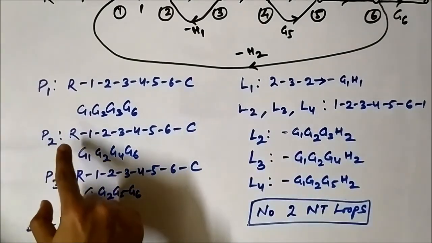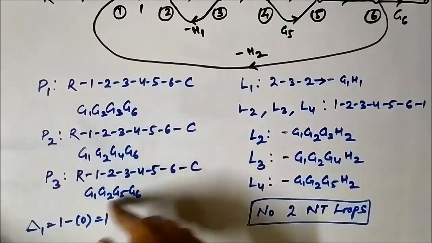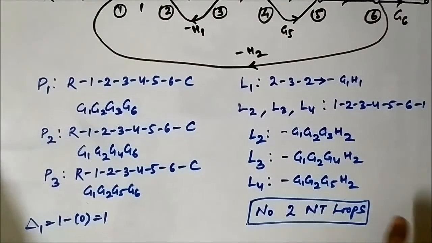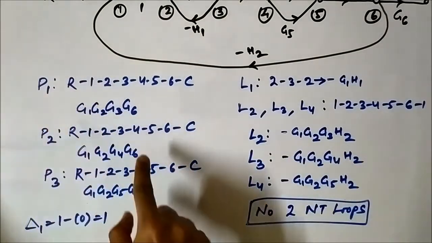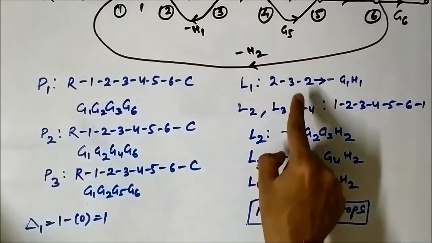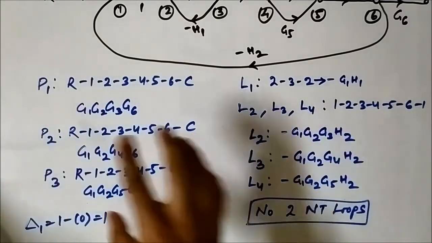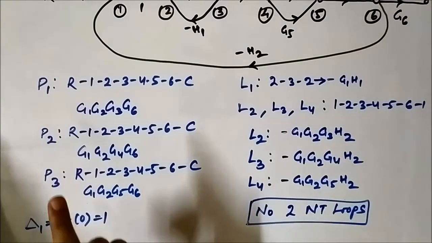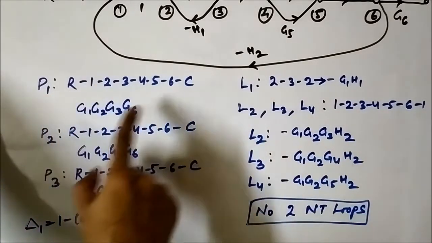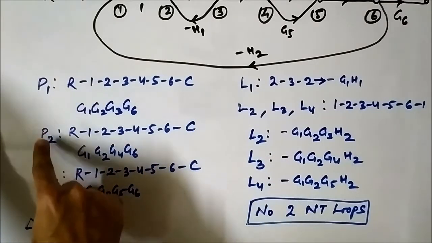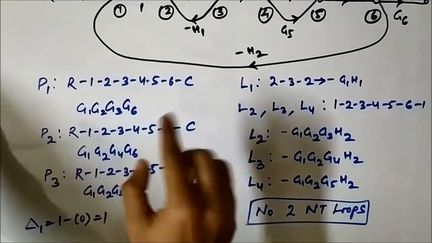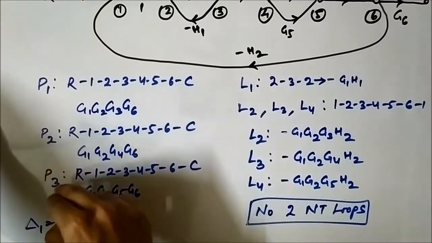Similarly, the nodal representations are the same for P1, P2, P3. So if P1 is touching all of the loops, P2 and P3 will also be touching all the loops. Please pay attention. The nodal representation of P1, P2 and P3 are the same.